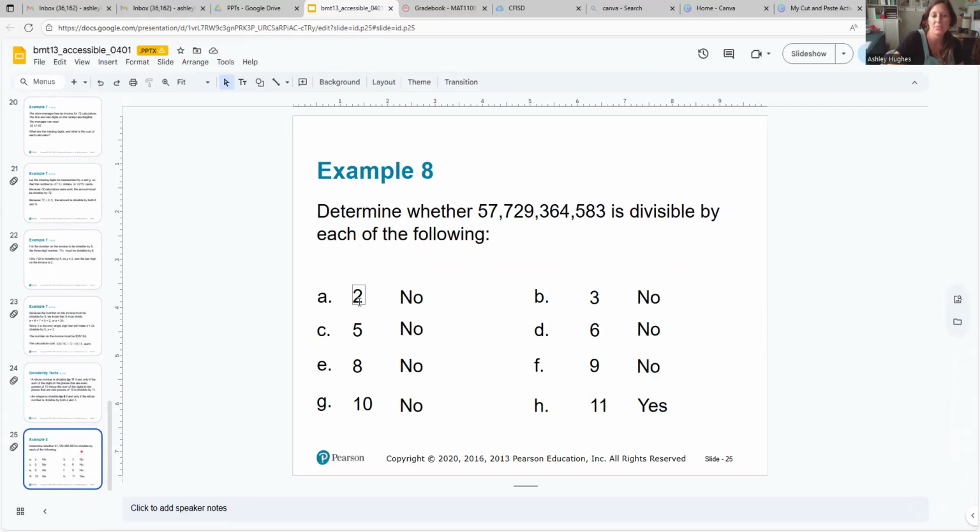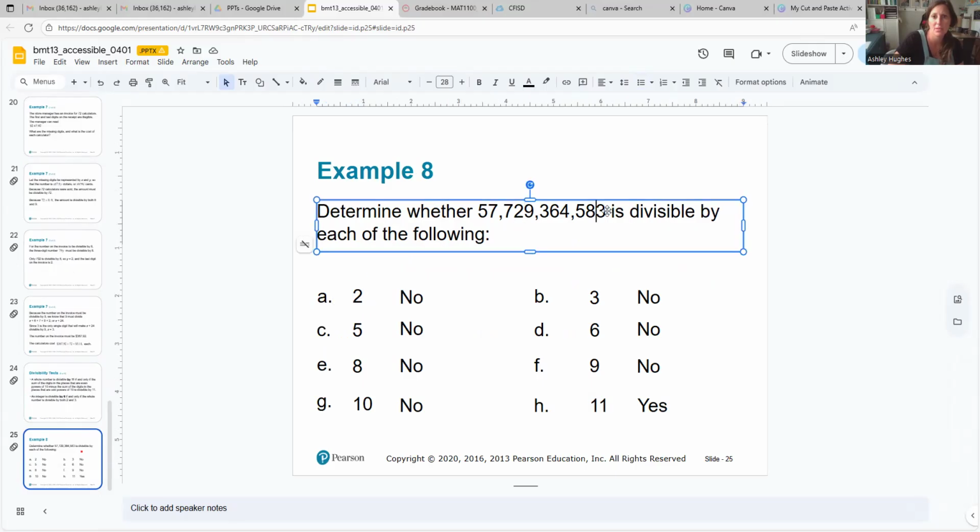So is this divisible by 2? No, because is that even? Nope. Does it end in a 5 or a 0? Nope. 8. Is 583 divisible by 8? Well, no, it needs to be even. Does 10 go into this? Well, does it end in 0? No. Does 3 go into this?